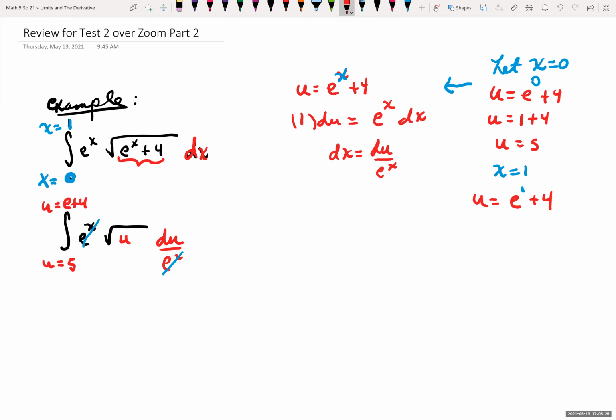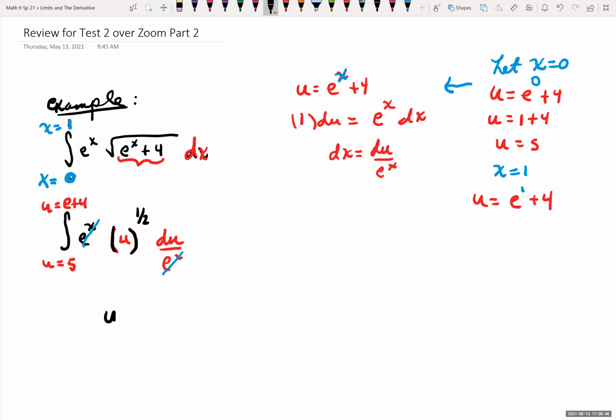Okay, so we're basically in a place where we can take the antiderivative. I'm just going to rewrite this square root of u a little bit differently to help you if you don't see it. This is the same thing as u to the 1/2 power. So now we can just use that general power rule.